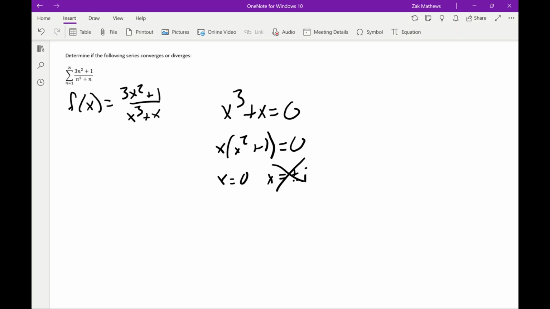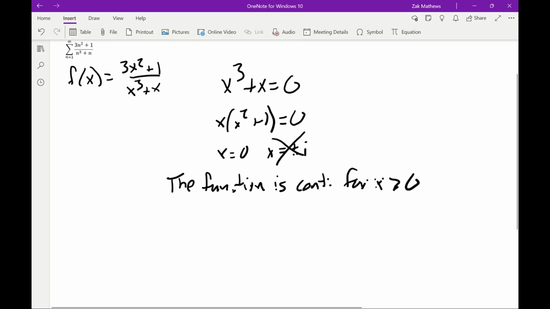So the only point at which this thing would not be continuous is at 0. We're going to be looking at an integral from 1 to infinity, because that's where the sequence is going, from 1 to infinity. So the function is continuous for x greater than 0. So perfect. Move on. That's our first condition checked.